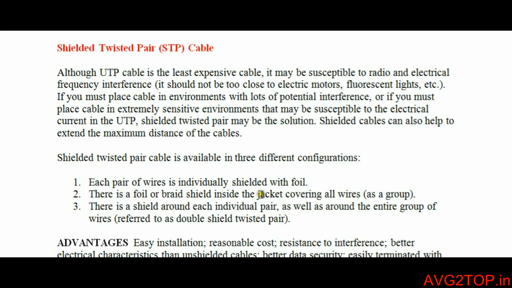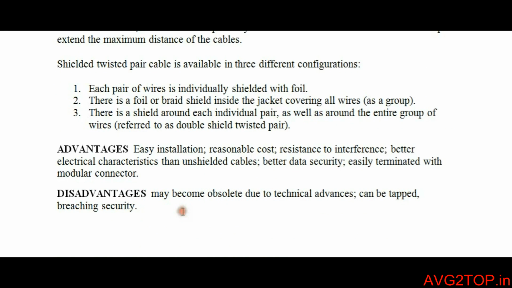The third can be a double shielded twisted pair. So these are the three different configurations. Advantages of shielded twisted pair: it's easy to install and has a reasonable cost.